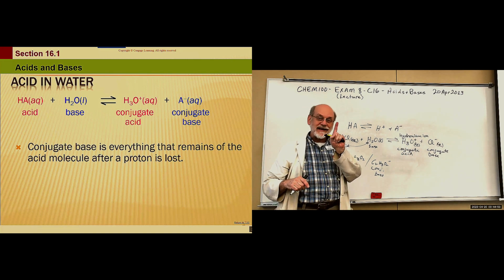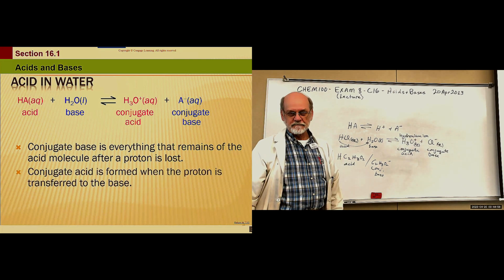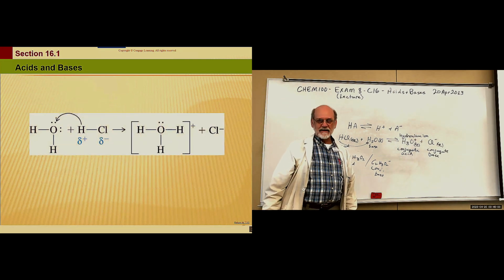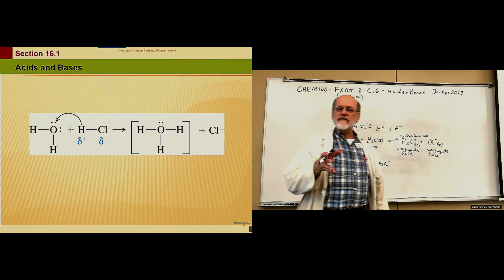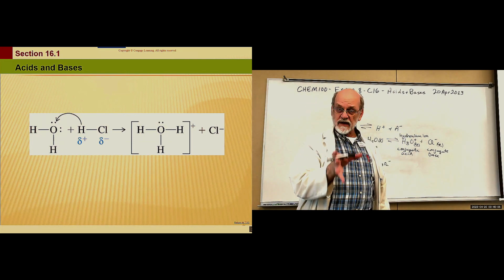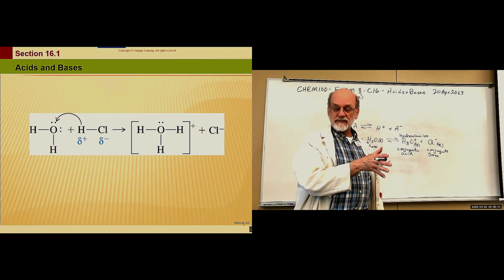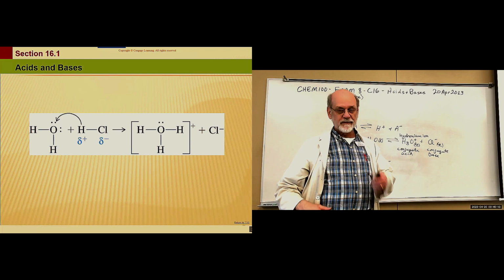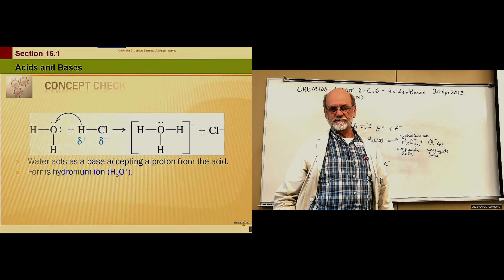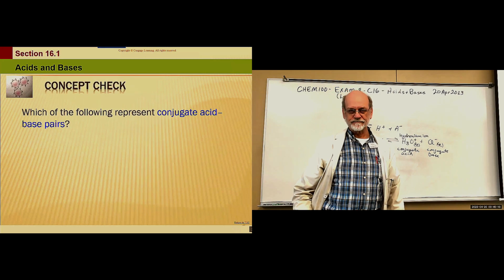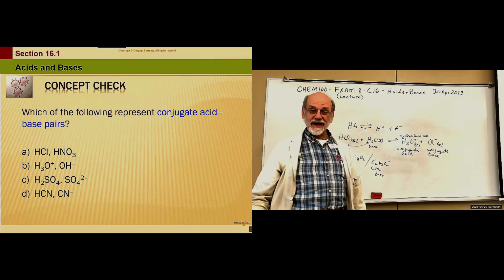One proton at a time. All right. So this just emphasizes the movement of the proton from the acid donor to the water acceptor, which makes it a base. All right. So which of the following are actual acid-base pairs?